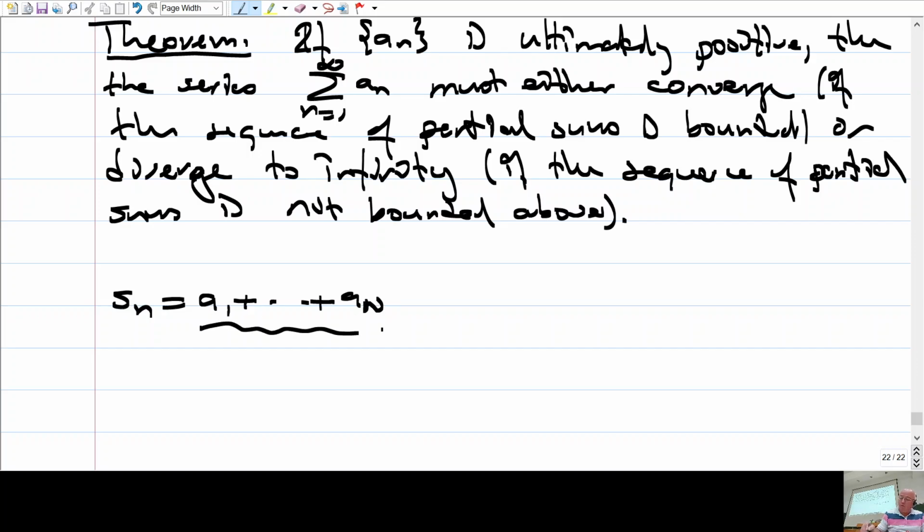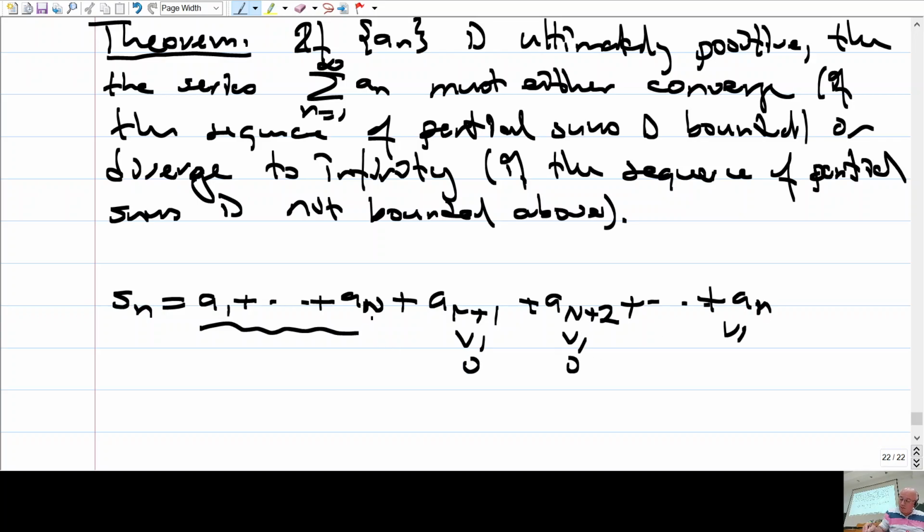These terms could be 0 or negative or positive, but after some point on, let's say the Nth term, say 158, all of these are positive.